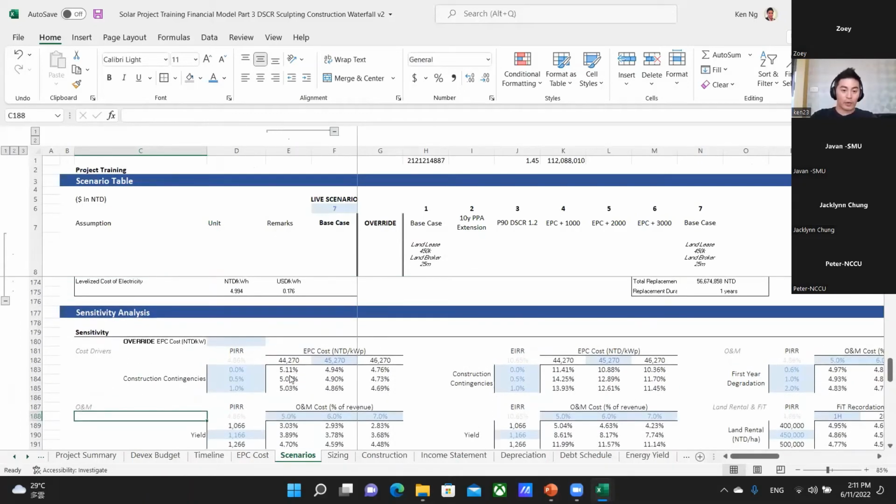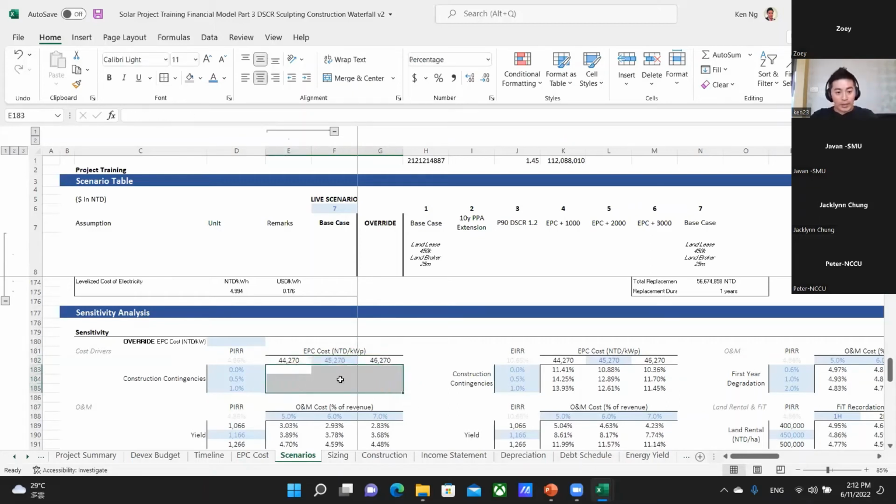So the way data tables work is that you want to see what is the output of the model, whether it's project returns or equity returns, based on flexing an assumption, whether it's EPC cost or whether it's construction contingency, for example, in this case. And then you basically want to say, okay, if my EPC cost goes up from 45, which is my base case right now, to 46, what happens to my returns, right? So just to clear this out.